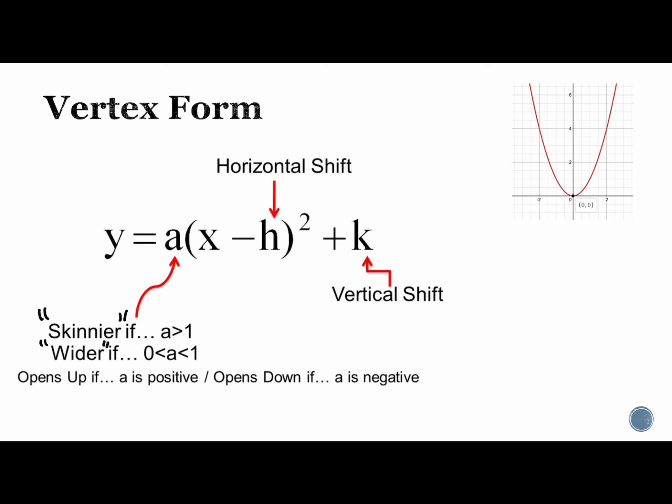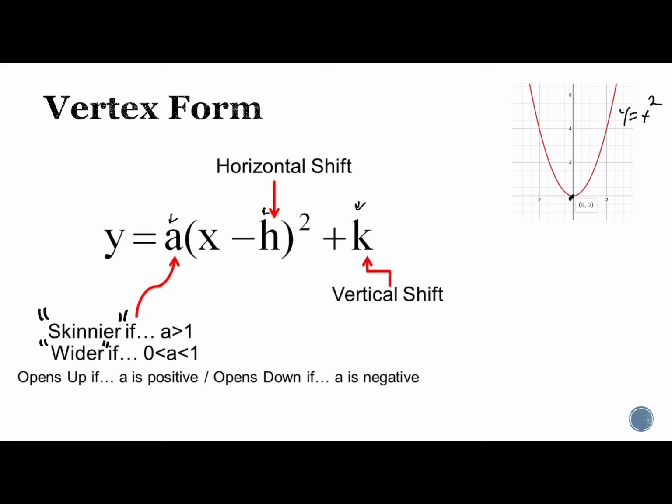This is my quadratic equation in vertex form. Now if you noticed on the top right, I have my parent function y is equal to x squared. However, every time I add a new value, a, h, or k, the graph will change.